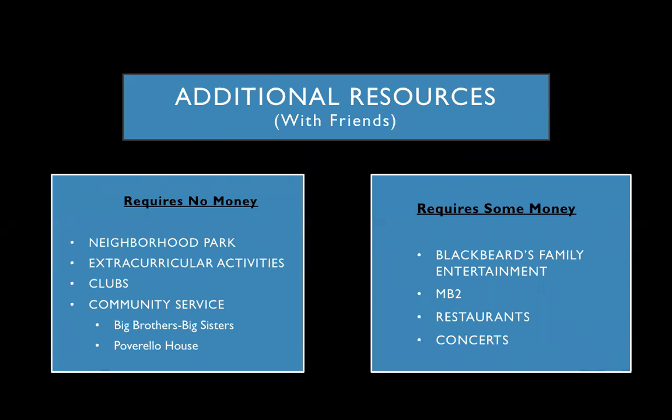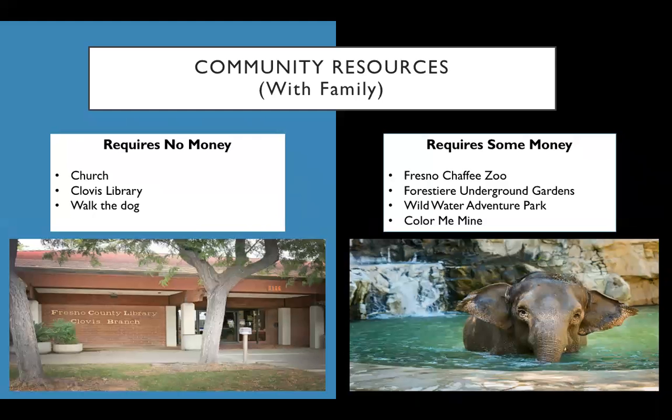Some things that require a little bit of money that they can do with their friends: Blackbeard's Family Entertainment, MB2, restaurants, concerts at Fresno State. MB2 was one of the ones that was new to me as well. So when I went there, it was neat to see the different age groups that were there, and they were all having fun.